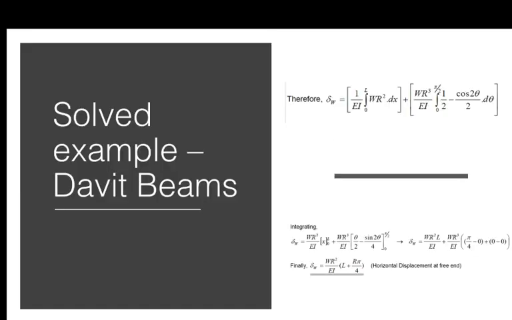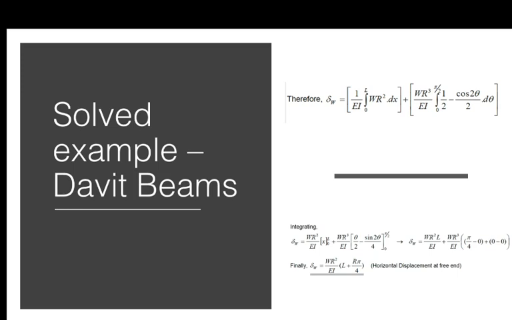Therefore, after integrating, you will get delta W equal to WR cube divided by EI x, from L to 0, plus WR cube divided by EI, pi divided by 2 minus sine 2 theta divided by 4. This is the expression you will get after solving the above equation.